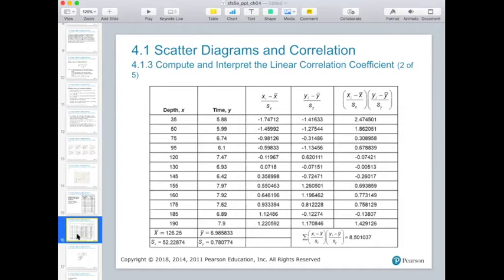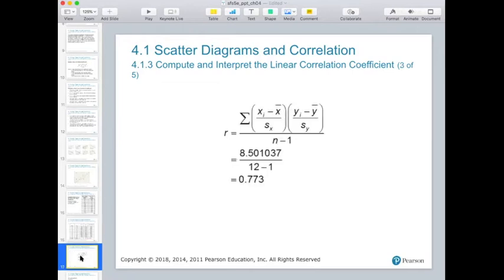They used like Excel or something to help them. But notice each column is a portion of that formula that we were looking at earlier. And then once they get all that information together, they finally get to a correlation coefficient of 0.77.